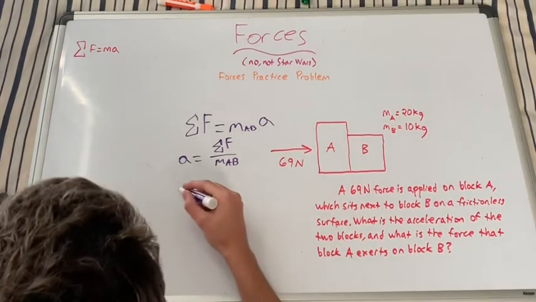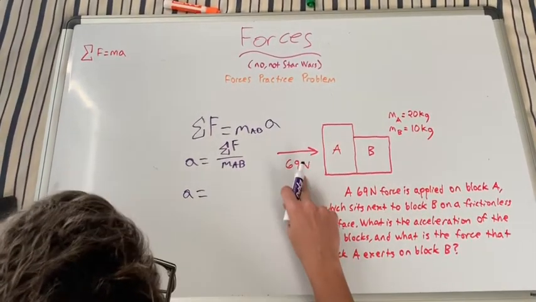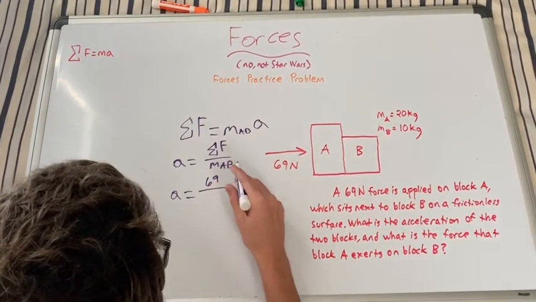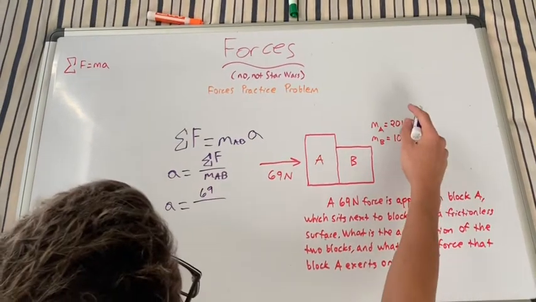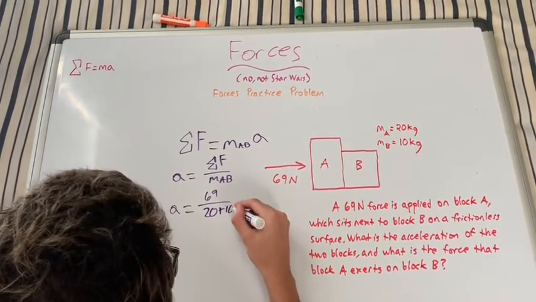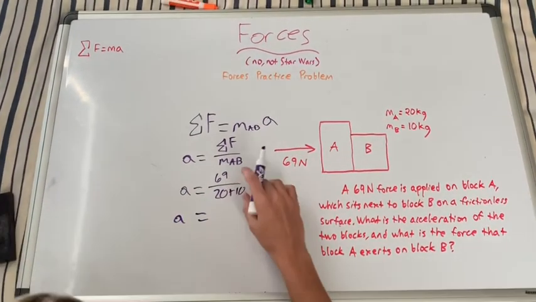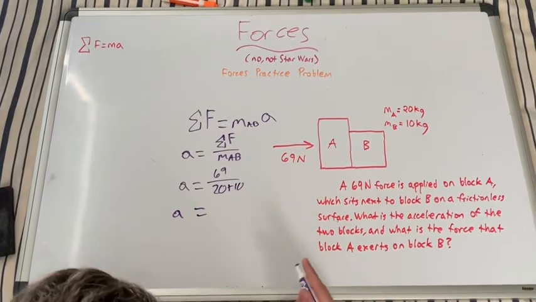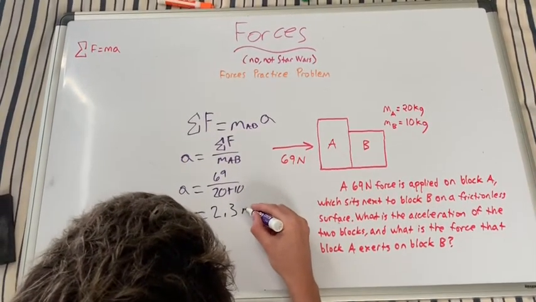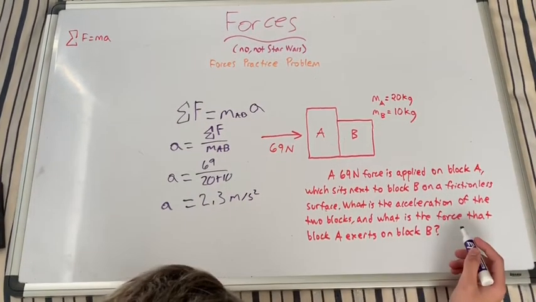We can plug in our values of 69 newtons over mass AB. So we have A and B, so it's going to be 20 plus 10. So the acceleration of the system is equal to, let's see, 69 over 30, which is 2.3 meters per second squared. So we answered the first part of the problem.